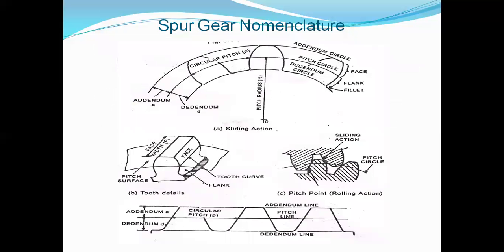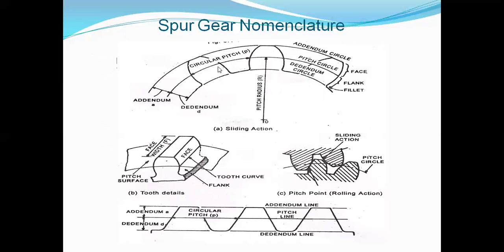Coming again to the diagram, this is the mating point of gears. From here to another mating point of gears, this is the first mating point and it is another mating point. The distance between these two is called circular pitch, and it is measured along the pitch circle.